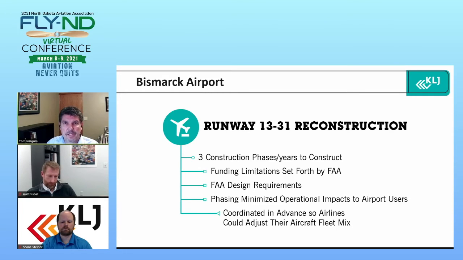That combined with FAA design requirements, so working on runways, there's specific things that can and cannot be done. As an example, the first and last quarter of your runway cannot have a vertical curve or a change in slope. So once you set the profile of that runway, you have to figure out how you're going to make it work. Luckily in Bismarck, we could divide it up into 3 areas, which I'll show you in a minute here.